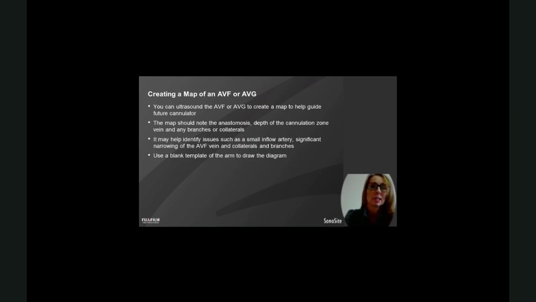The map should note the anastomosis or the anastomoses if it's a graft, the depth of the cannulation zone vein, the diameter of the vein that we want to puncture, any branches or collaterals or any other areas of concern, like if there are any valves or infiltrations or stenoses that we're worried about.